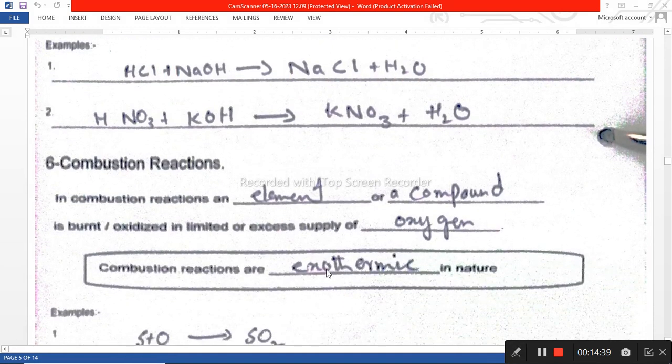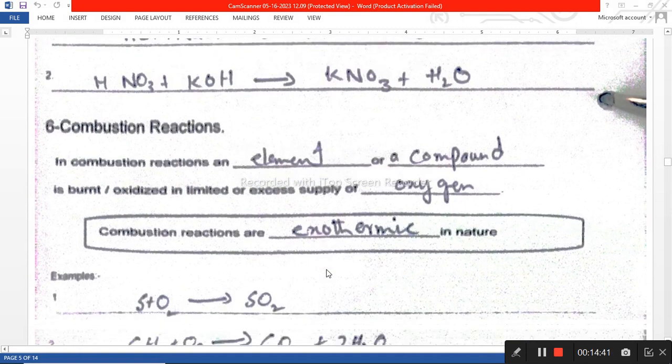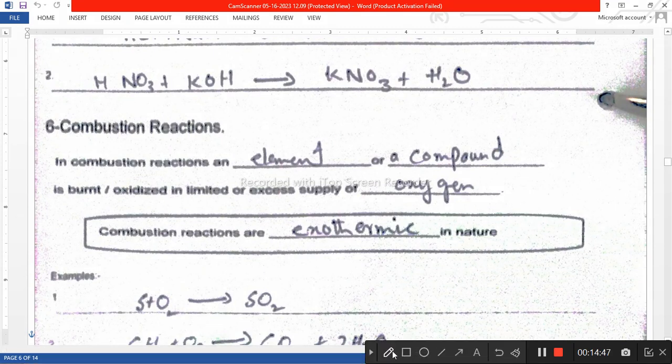Next heading is combustion reactions. All combustion reactions are exothermic. In combustion reactions, an element or a compound is burned, oxidized, in a limited or excess supply of oxygen.